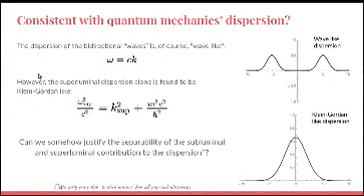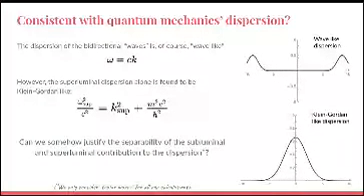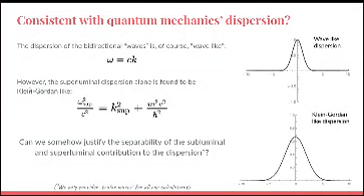Now this is perhaps the most important question. How consistent is bidirectional wave dispersion with quantum mechanics dispersion? The dispersion of bidirectional waves is of course wave-like. However, the dispersion of the superluminal component alone is found to be Klein-Gordon-like. Why is this important?